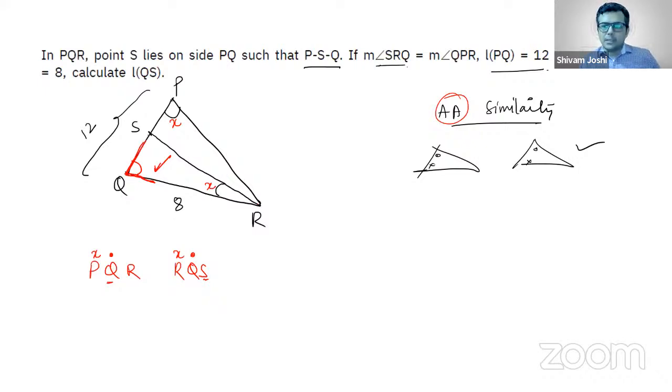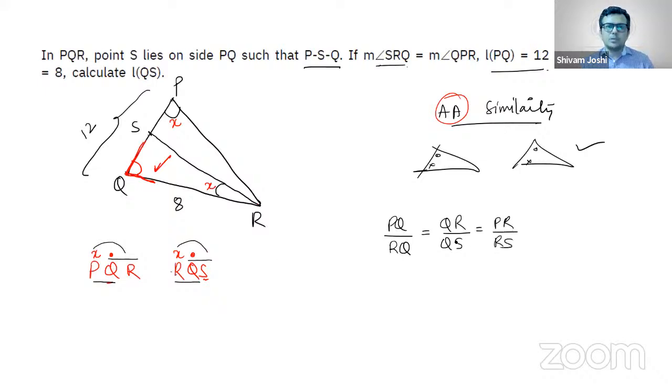So now I'm going to write the similarity ratio. How do I write it? First two letters, PQ divided by RQ, is equal to the next two letters, QR divided by QS, which is equal to PR, first and last, divided by RS.